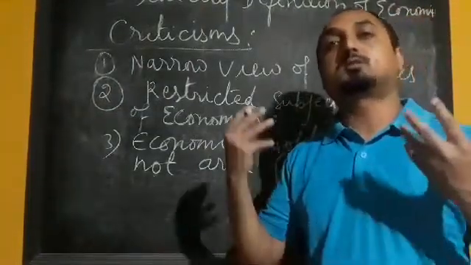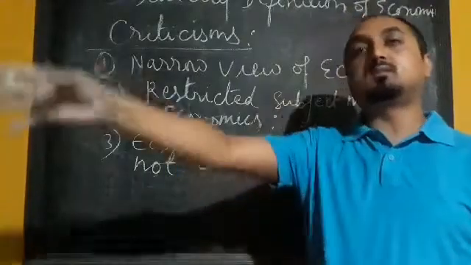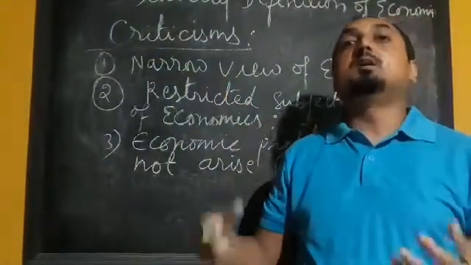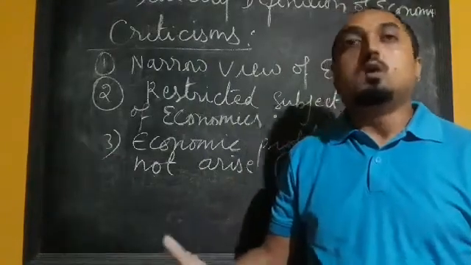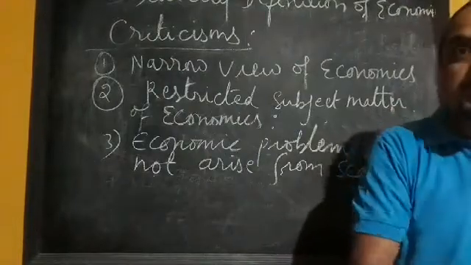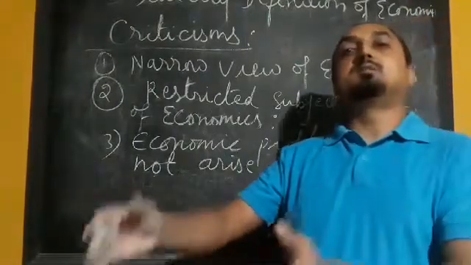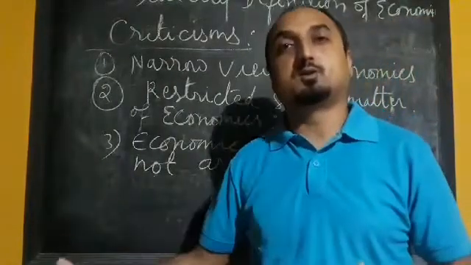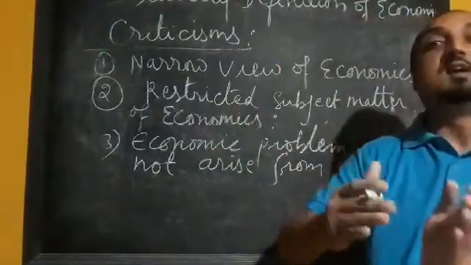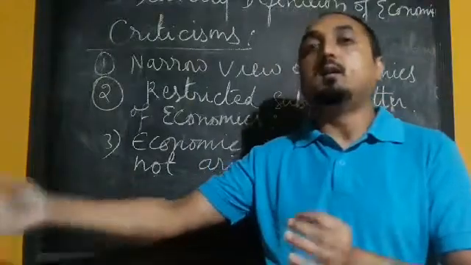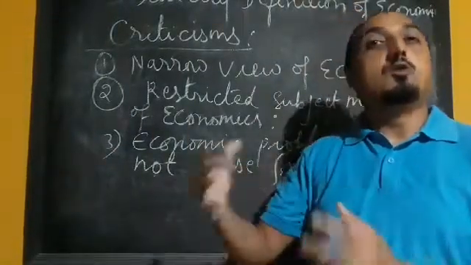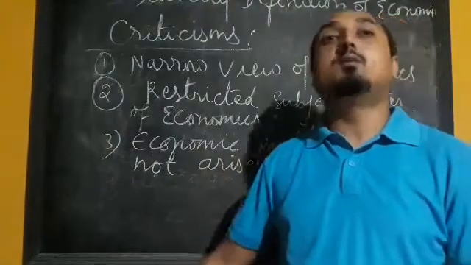When there is an overproduction of any item, the price of that commodity will decrease, and sometimes the producers may incur losses. So an economic problem sometimes arises because of scarcity, and sometimes because of overproduction. But he has explained only scarcity. He has excluded the part that sometimes economic problems arise because of overproduction or abundance of resources.